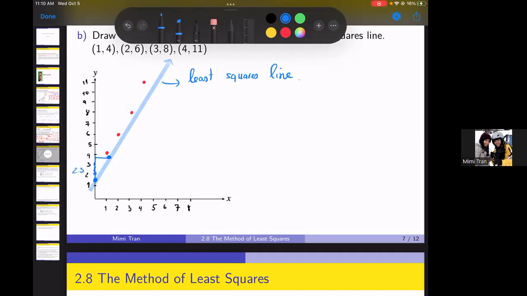So 2.3 over 1. You want to do that. It's good.